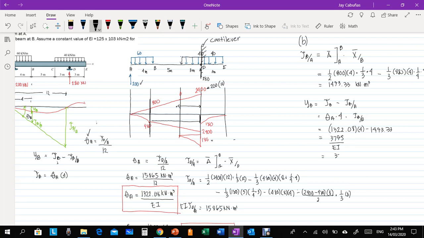EI is 125 times 10 raised to the 3. The answer is 0.0304 meter downward, in terms of meter. In mm, that is 30 mm.